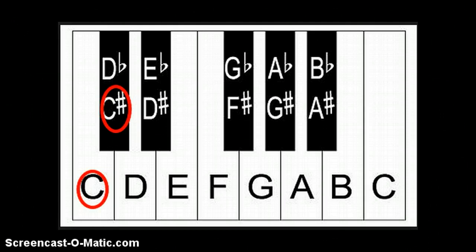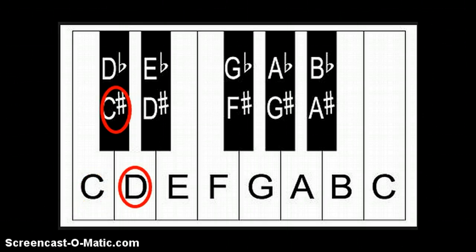Now the white key, C, that I have circled here, and the other key, C sharp, that I have circled here, are what is known as a half step. Now you can see that they're actually touching one another. The white key C is actually touching the black key C sharp. Once again, this is called a half step.